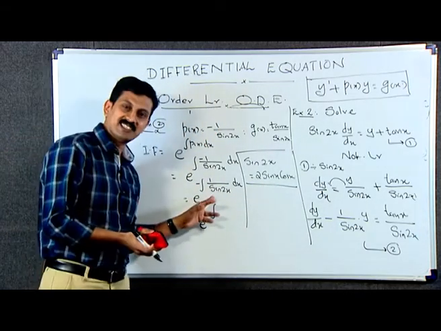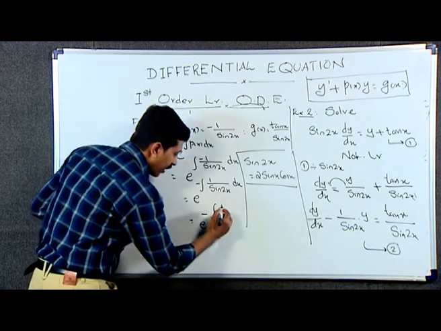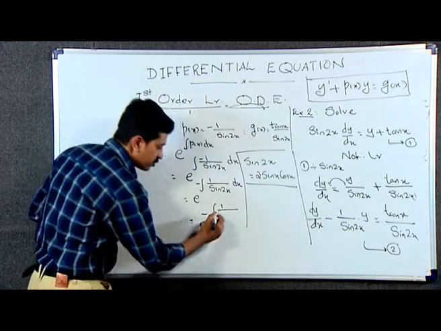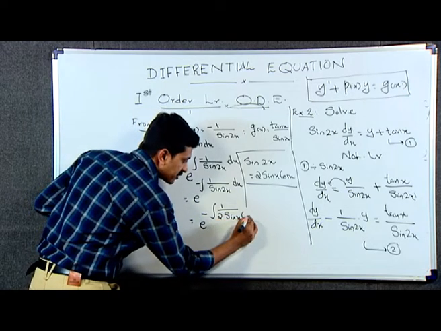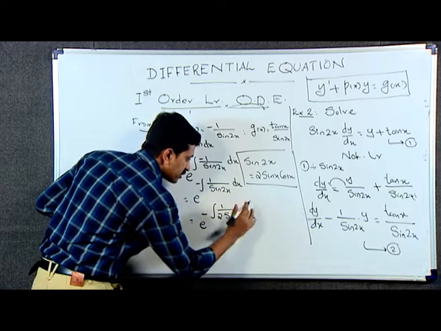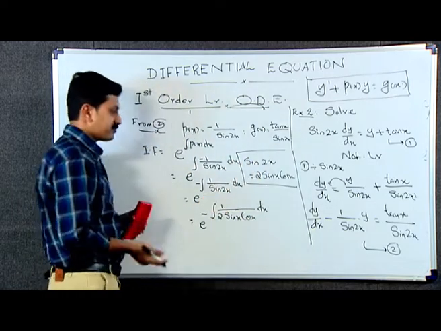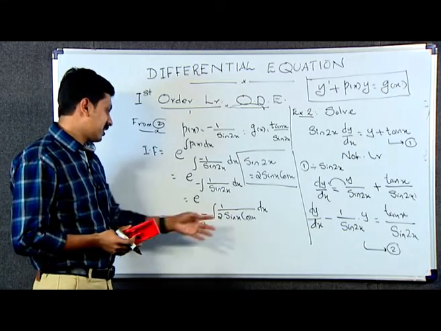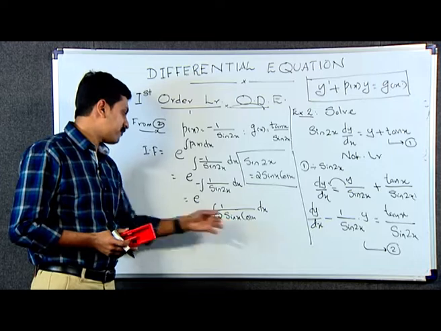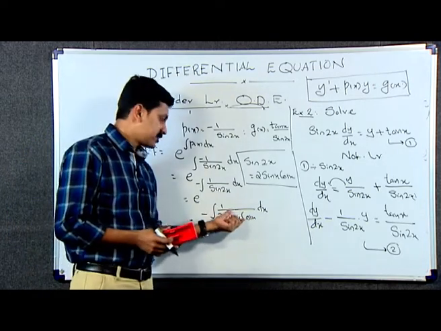So, we can replace this sin 2x by this formula. Therefore, this is equal to the integral of 1 divided by 2 sin x cos x dx. See how we will integrate this. Here we are unable to find the integral directly; we have to apply the substitution method.